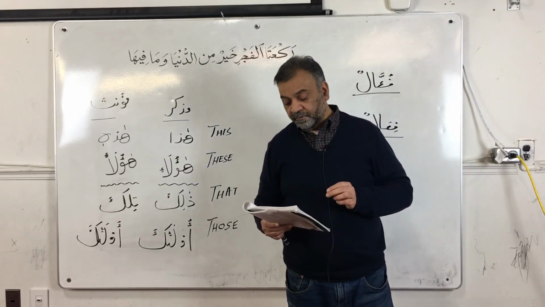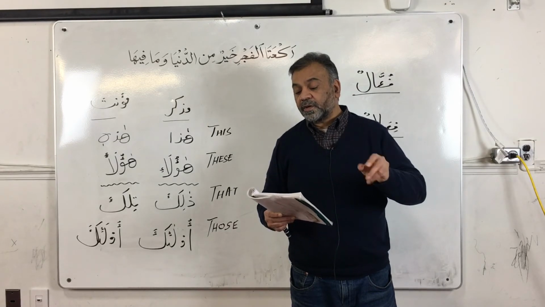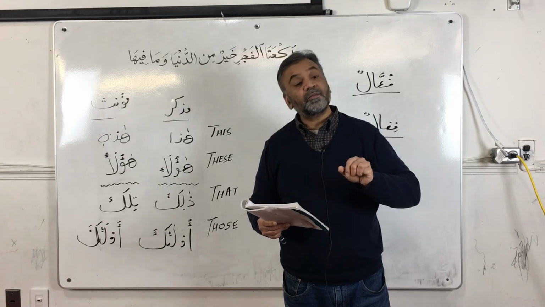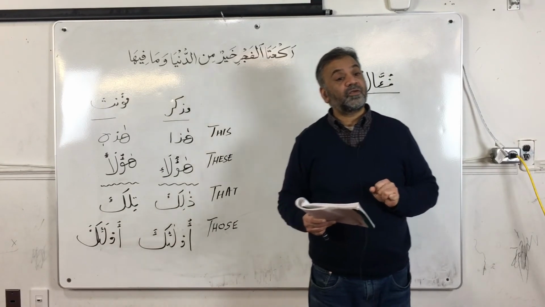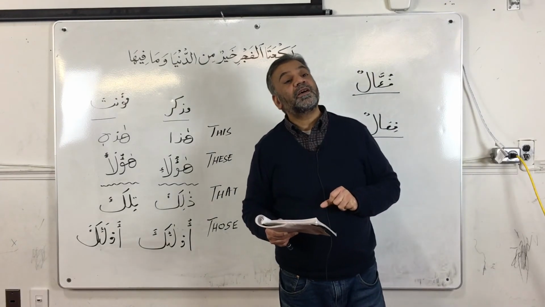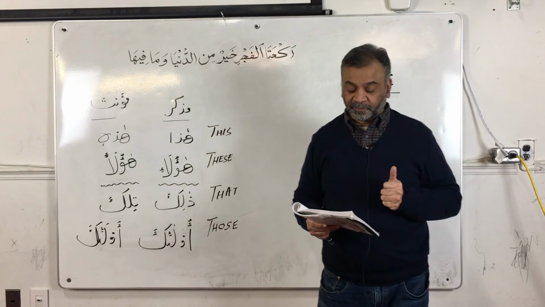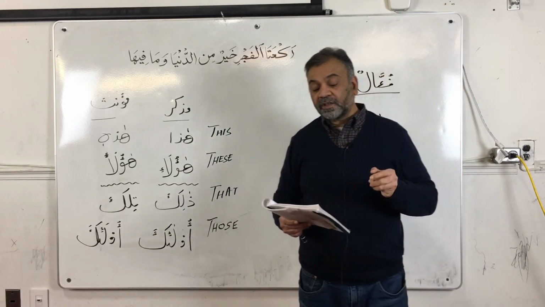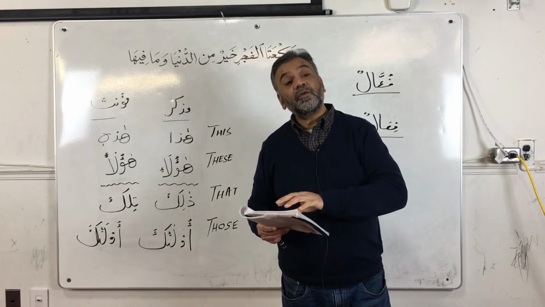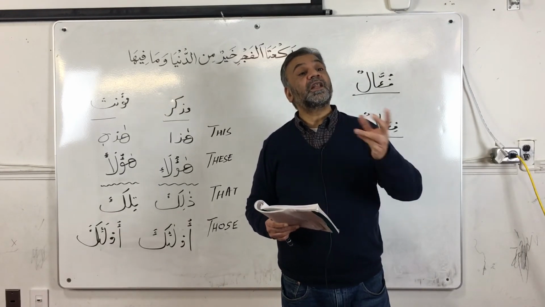Next one, number 5, ahaza talibul ghaniyun, is this student rich? La, huwa faqirun, no, he is poor. Ahaulai tullabu aghniyau, this is the plural. Talibun will change into tullabun, ghaniyun will change into aghniyau.